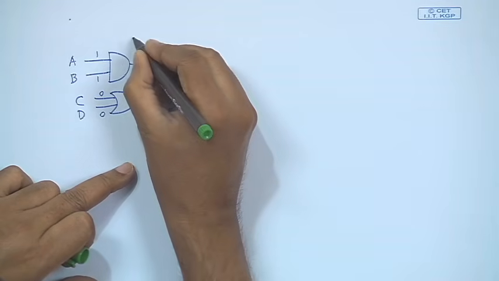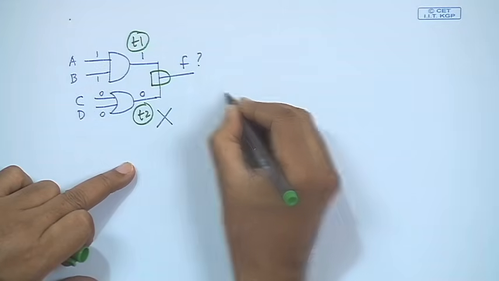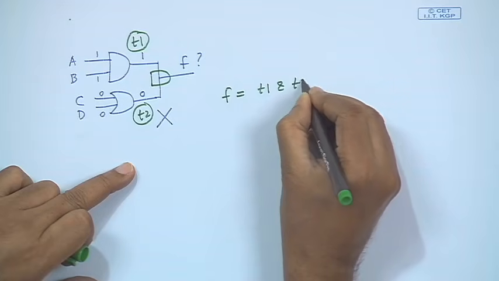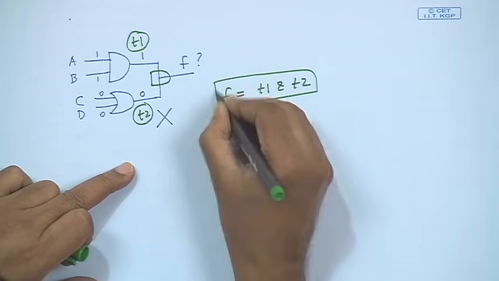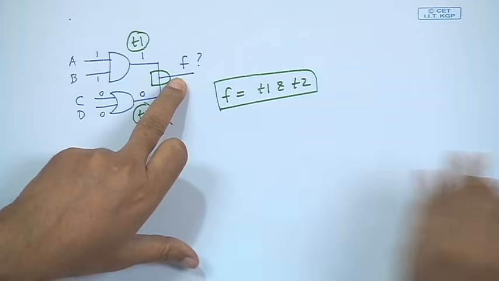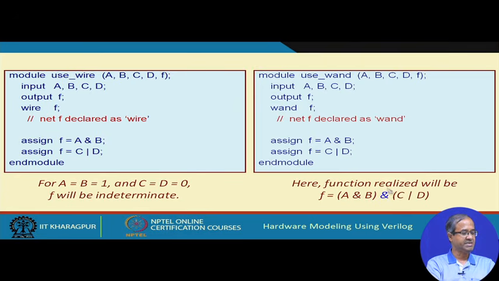So, if you call these two lines T1 and T2, F will actually be T1 and T2. So, now the output F is very well defined. If you declare output F as a wired AND, then an implicit AND operation will be realized at the connection. If you declare it as wired OR, then an OR operation will be done.